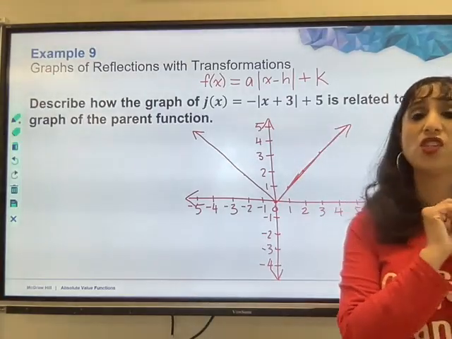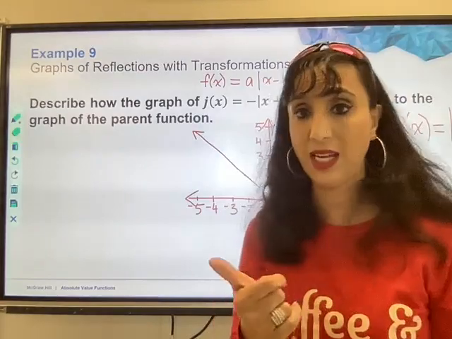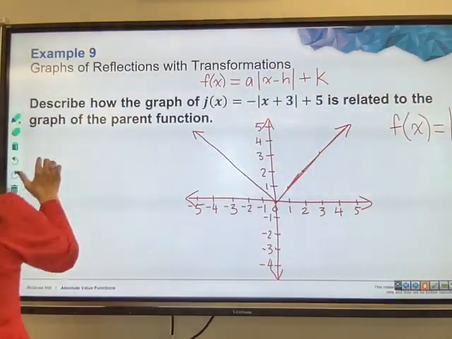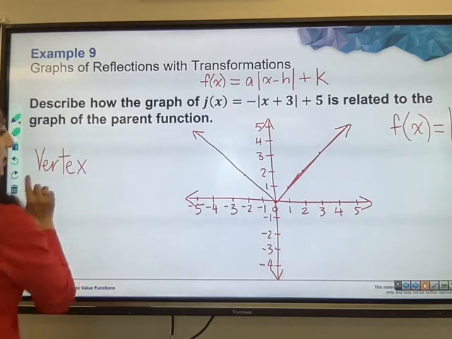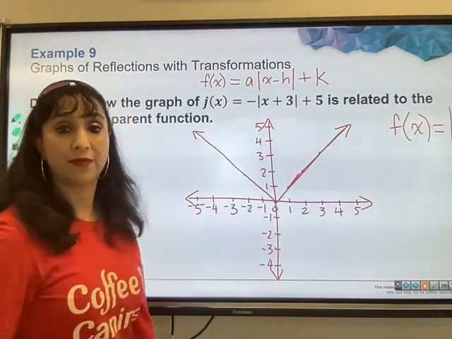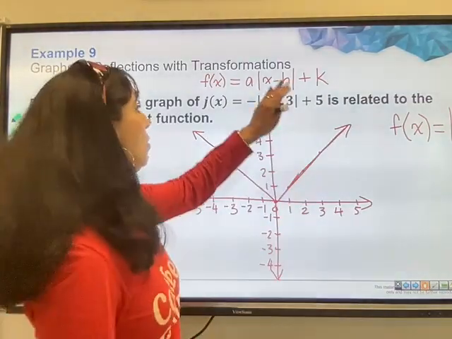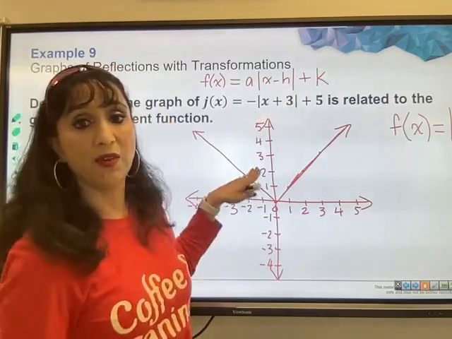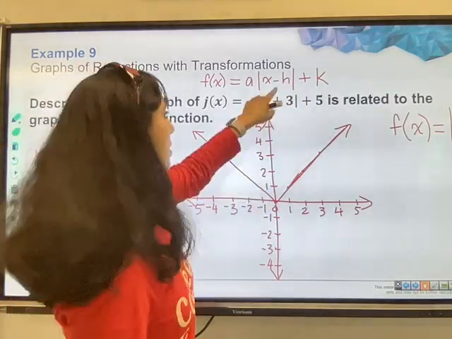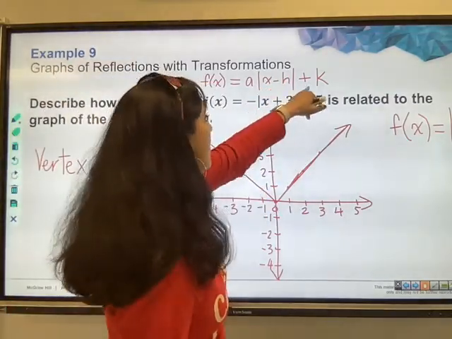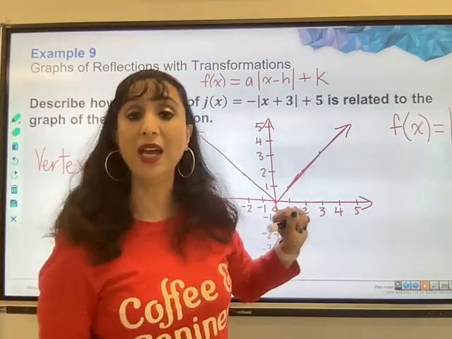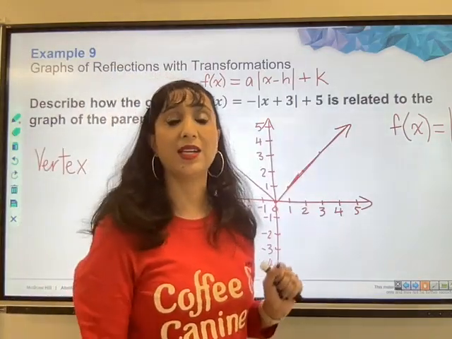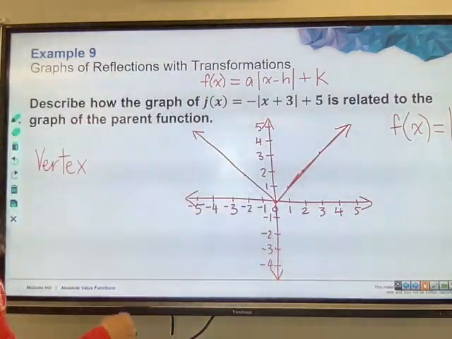Now, I need to remember what I said in the beginning. When I am looking at the vertex, that is this point. If I look at the equation, what is the vertex for the parent function? This is 0 and this is 0, and that is why we have (0, 0). Now let's look at what the vertex is going to be.